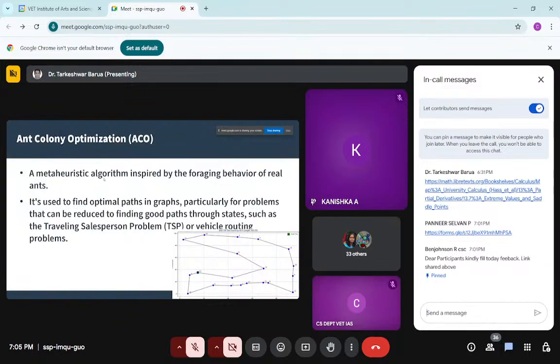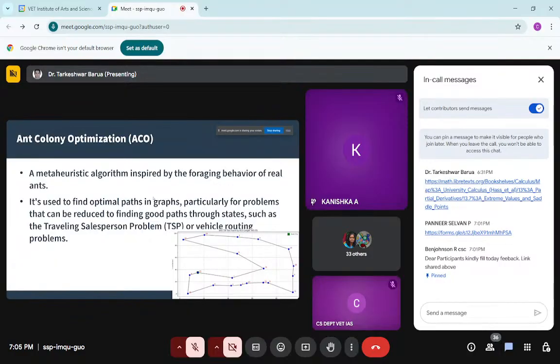Ant theory we have discussed just now. This is the mechanism. We have discussed the foraging behavior of real ants. It is used to find the optimal path in a graph, and the same concept we are using in TigerGraph as well. This is another graph-based database. There also we use the same.